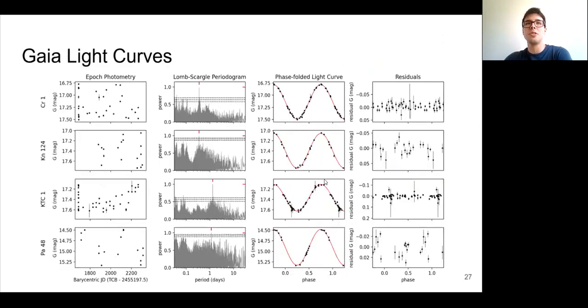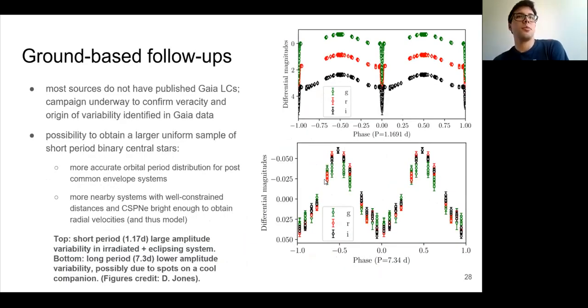But the long and short of it is we can identify new candidates. A few of them actually have light curves from Gaia itself, which show evidence that they're irradiated binary systems. And for the many other objects, we're looking at doing ground-based follow-ups.